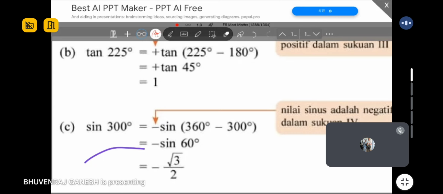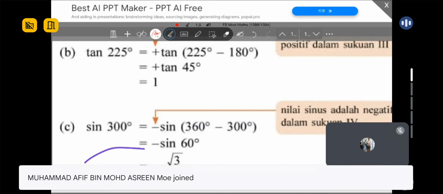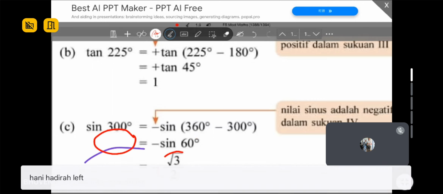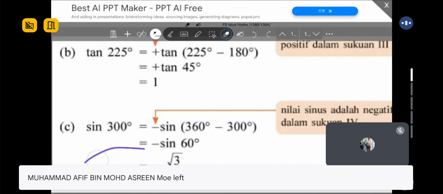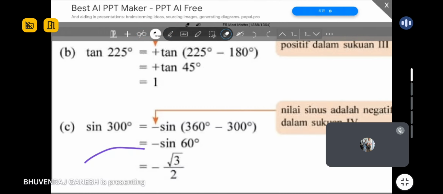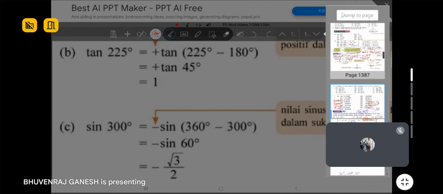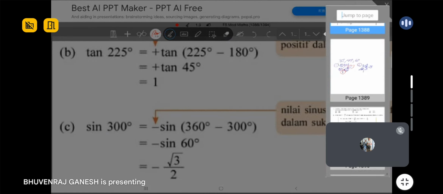You will get negative root 3 over 2, because sine 60 is root 3 bahagi dengan 2. That's all. Boleh faham, guys? Are you all clear for these 3 examples? The process is very basic, sangat standard, senang nak hafal. So we go on to the next one.